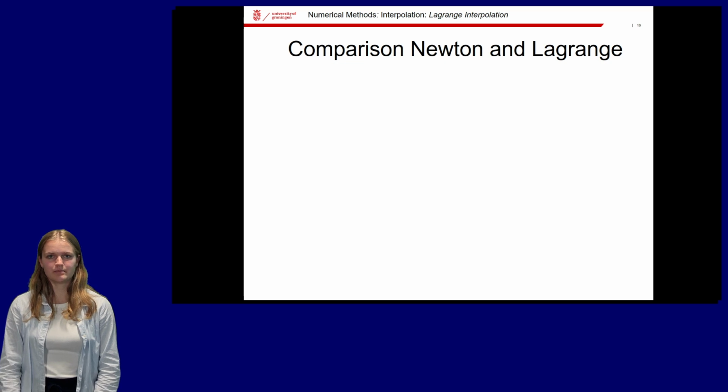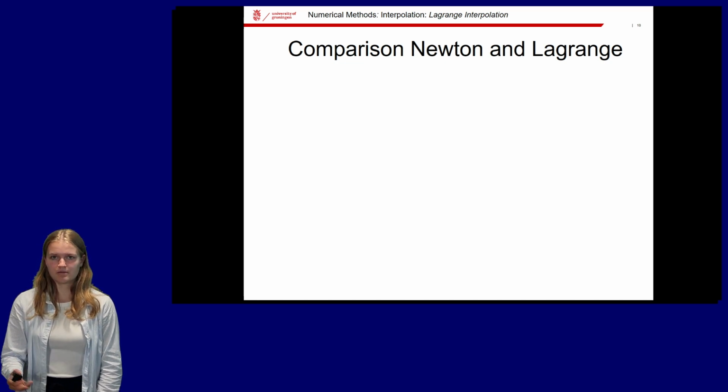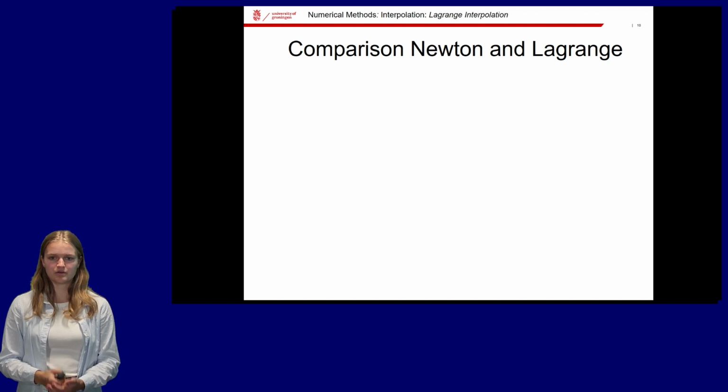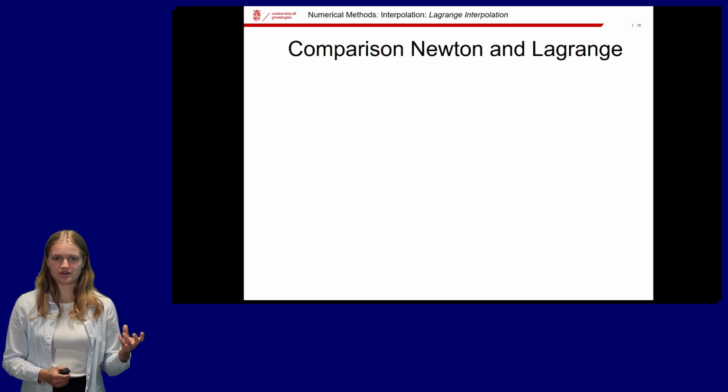So, to recap and to compare, we have discussed two methods of polynomial interpolation, namely Newton and Lagrange interpolation. Newton uses the finite divided differences, which you do not use for Lagrange.